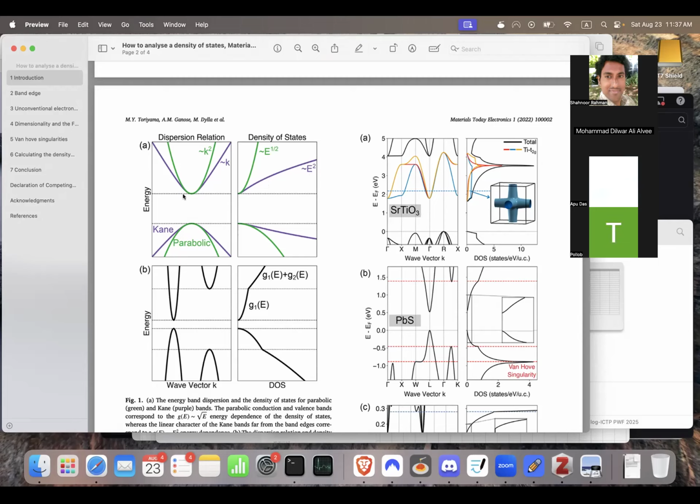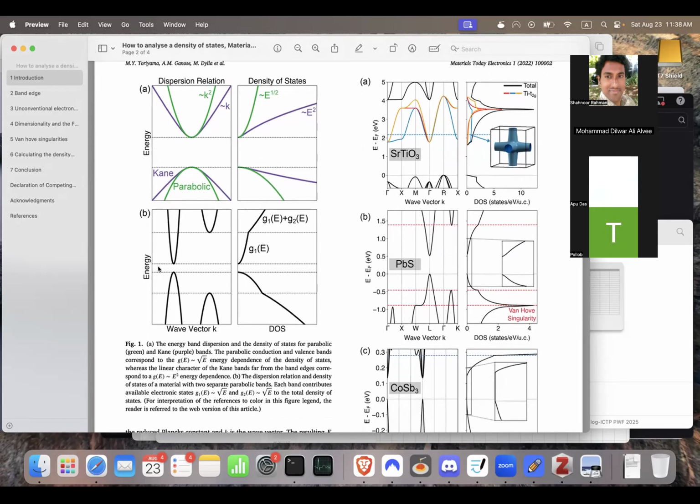Depending on which type of curve it is, we see the density of states, and the gap is also visible in the density of states. And if we have multiple bands in the energy as a function of k, we have two parabolic bands, and density of states up to here is only for that band.